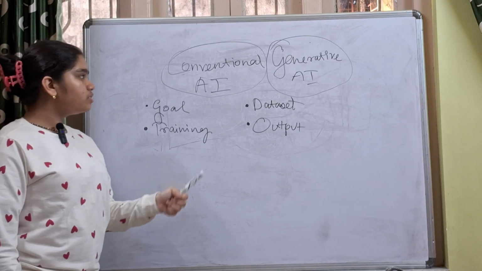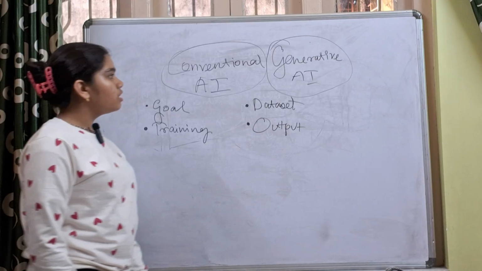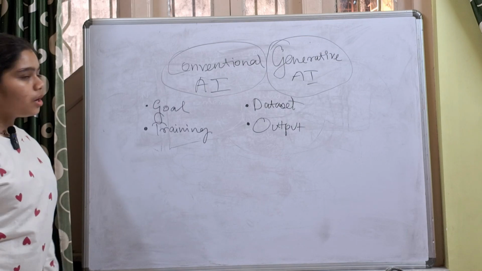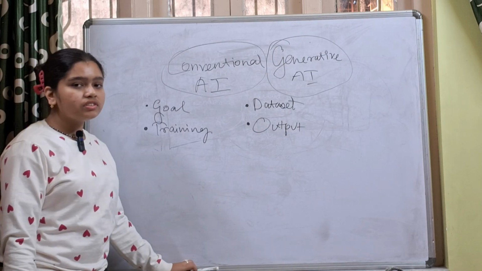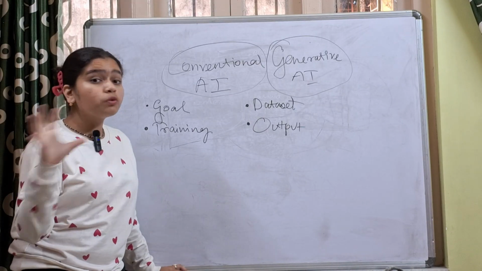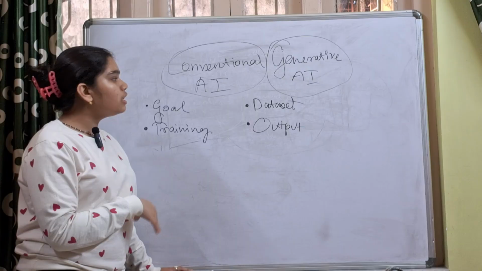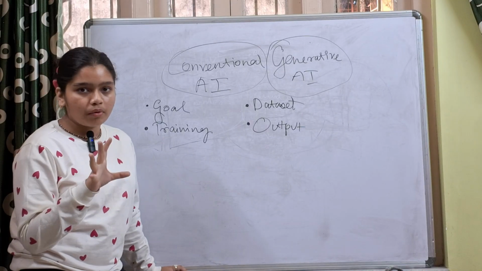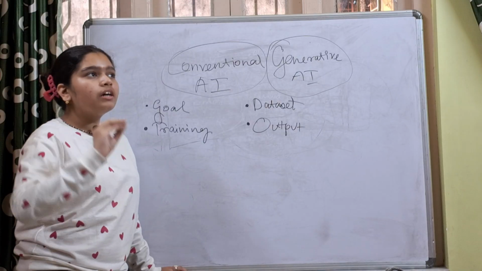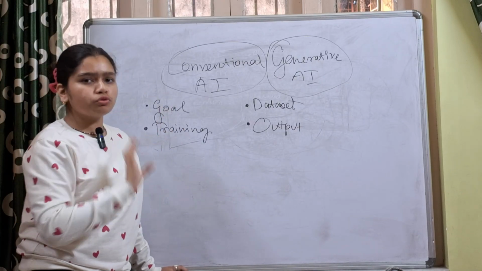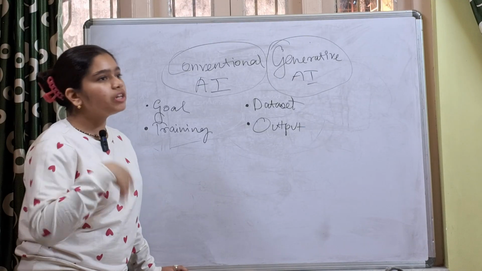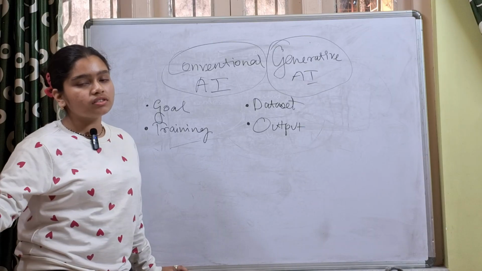Then the data set: generative AI is trained on a large amount of data. Obviously, if you give it unlabeled data, you need to give it in bunches, because the output is not known there. In conventional AI, comparatively, you need to give a smaller data set, and you still know that this is the input, so this can be the most probable output. But in generative AI, you do not know what kind of output it will produce. It's going to be new every time, because it's generated from noise.